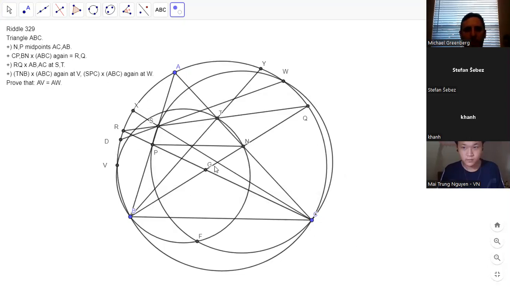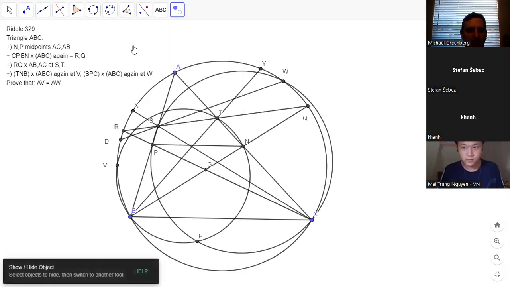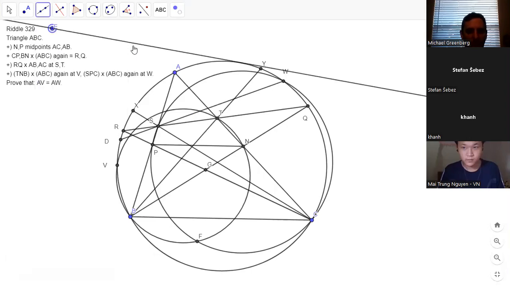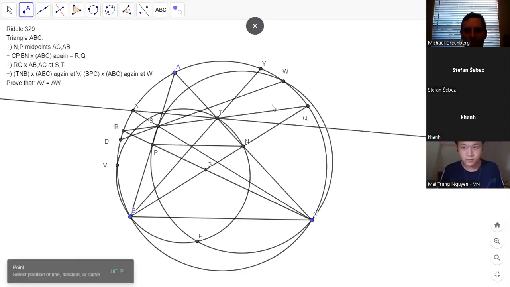Draw the symmedian from B and C. Basically that's the same as those points. So these are going to be the symmedians. So we can prove that. All right. So BE, CD and BE are the symmedians.